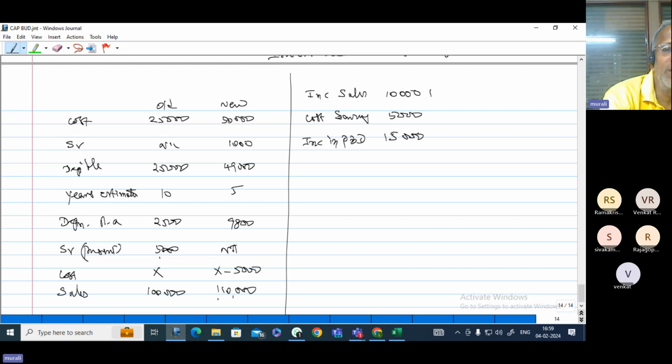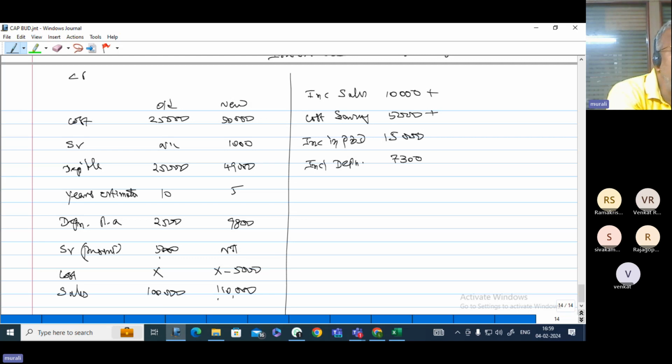Because both are plus only, no? Increase in sales 10,000. Cost saving is also 5,000. Increase in profit before depreciation is 15,000. So incremental depreciation, how much is that? 7,300. Correct? 7,300.